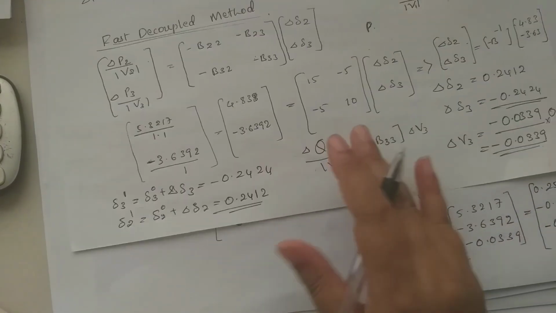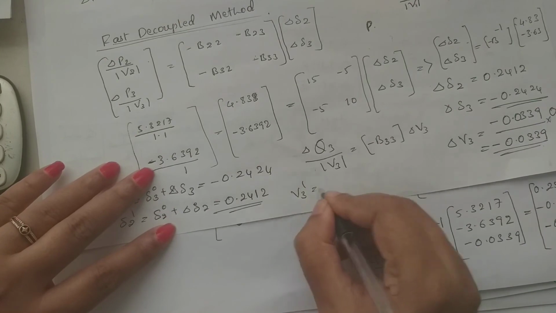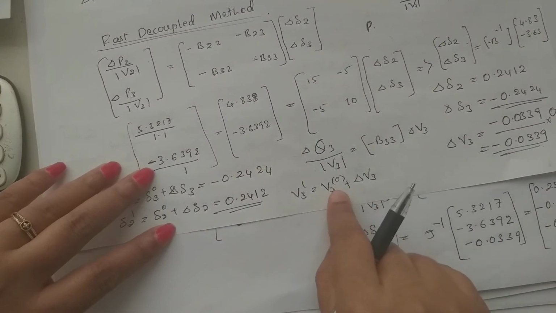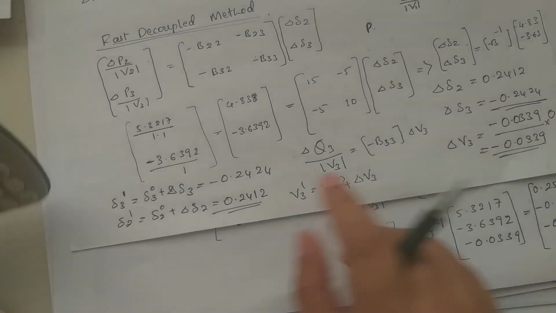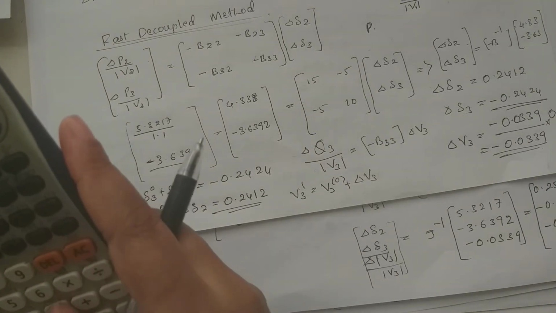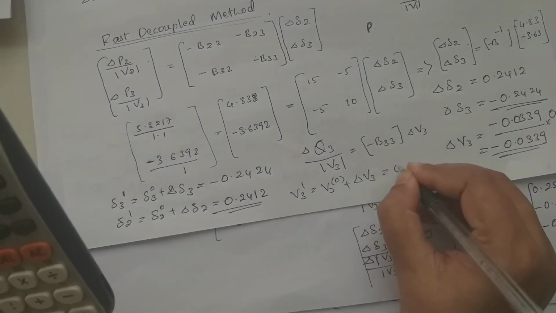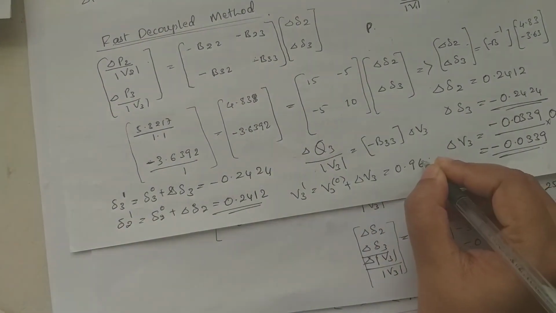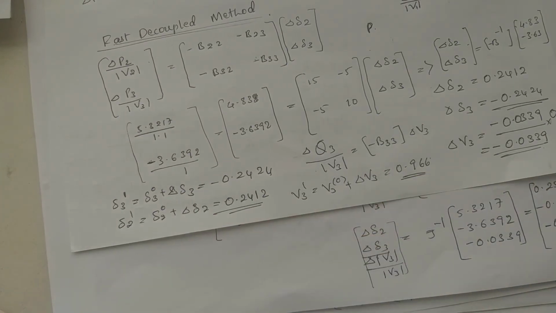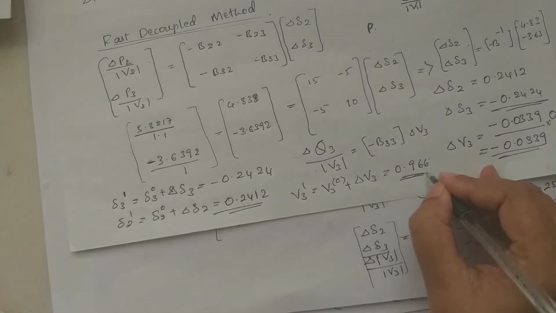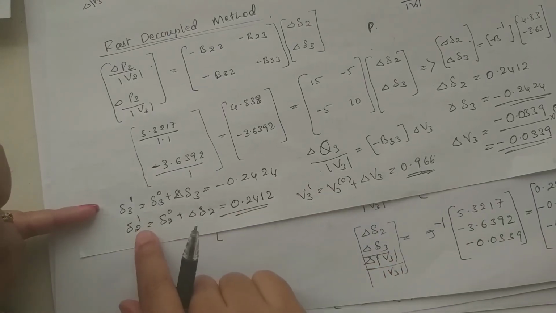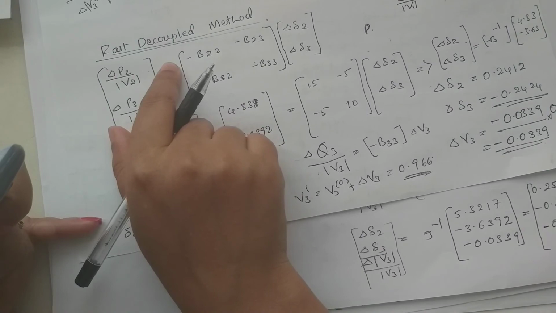Similarly, V3 dash is equal to V3 0 plus delta V3, which is 1 minus 0.0339, equal to 0.966. So these are the obtained V3 dash, delta 3 dash, and delta 2 dash, considering the fast decoupled method.